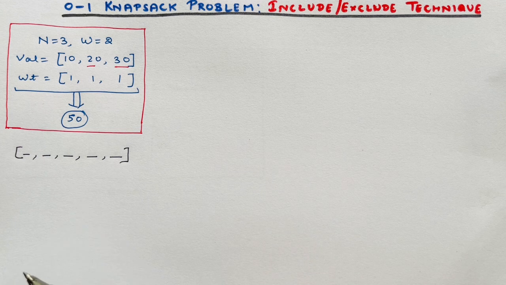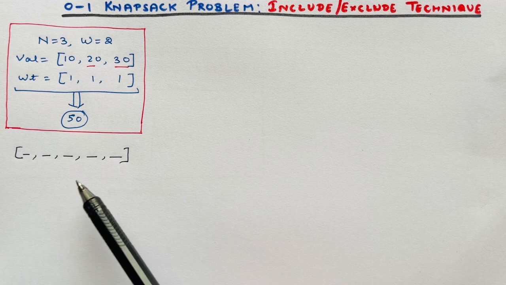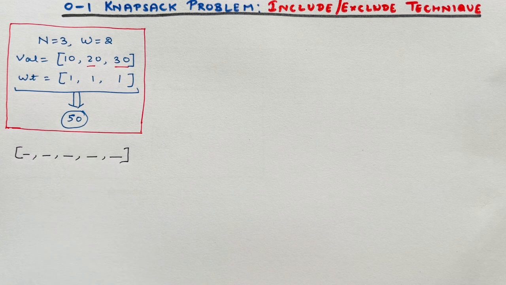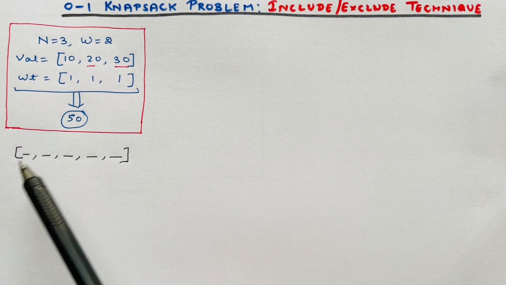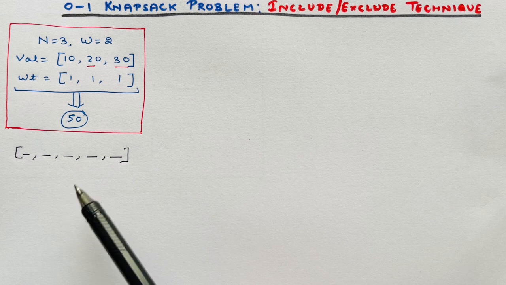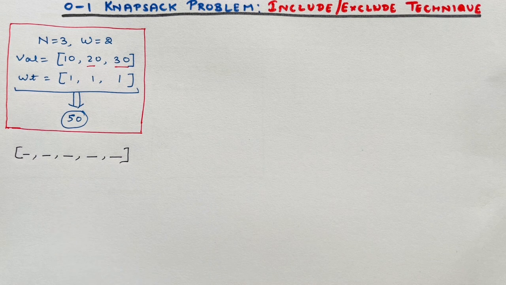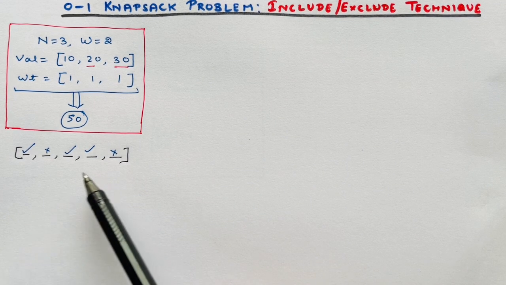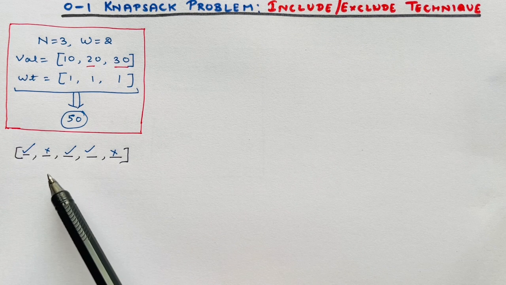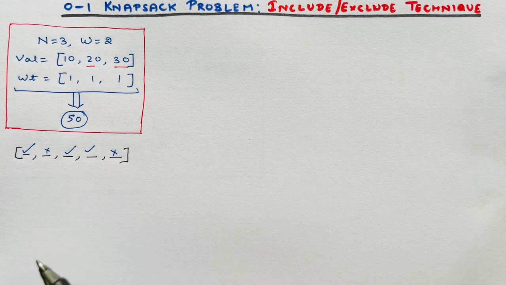Consider the solution case. What do I mean by solution case? Consider the case where we pick items in such a way that we get the maximum value. Now for any general example, in that case, we would have picked some of the items and not picked some of the items. Let us say that if there were 5 items, we picked all those that are marked with a tick and we did not pick all those that are marked with a cross.